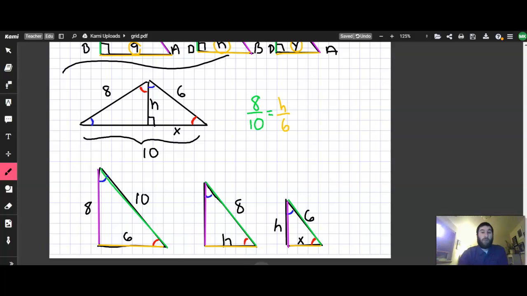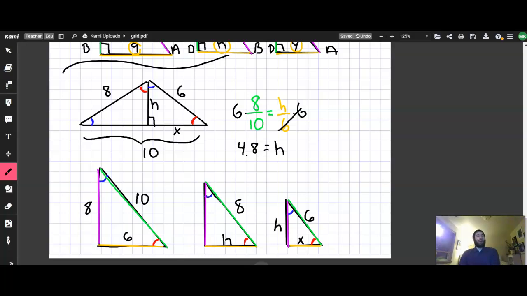So let's solve for h. We're able to do that by multiplying and dividing, so let's go ahead and multiply by our denominator on both sides. Multiply by 6, multiply by 6. The 6's cancel out. Our value of h is going to equal 6 times 8 divided by 10, which is 4.8 if you're using a decimal.